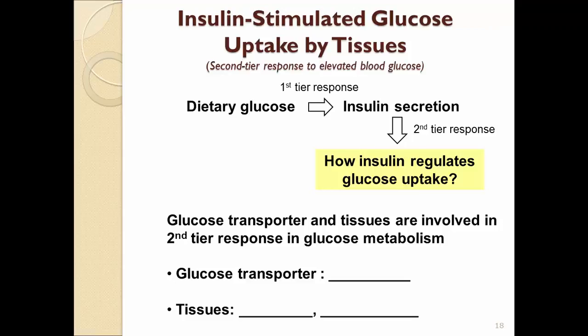So I guess last time we already talked about glucose metabolism, right? We started carbohydrate metabolism, and we talked about the very important thing that we already mentioned, blood glucose level, right?